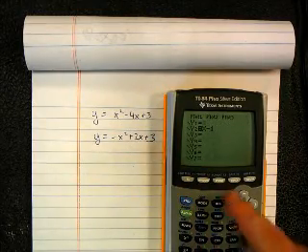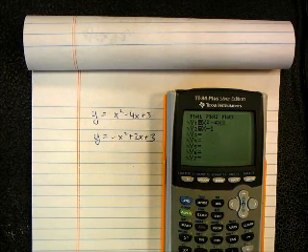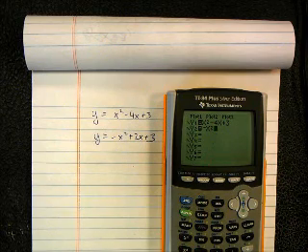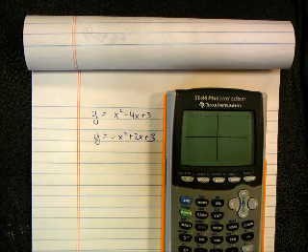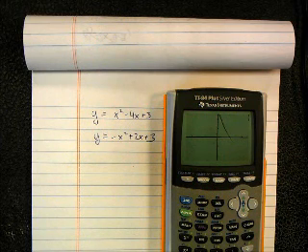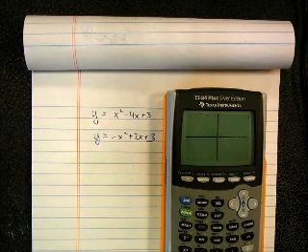y equals x squared minus 4x plus 3, and negative x squared plus 2x plus 3, graph. Oops, gotta go change my window back, I think. Zoom 6.